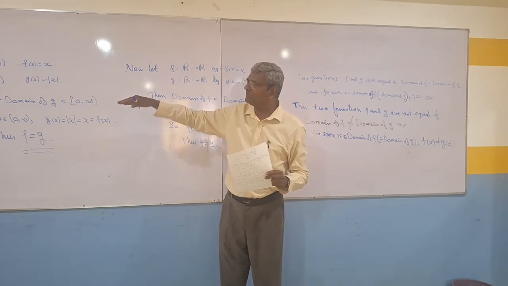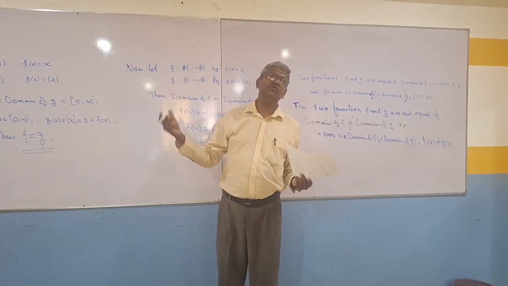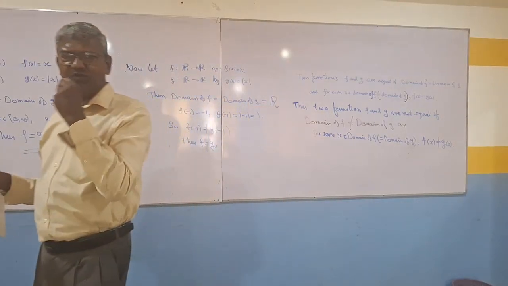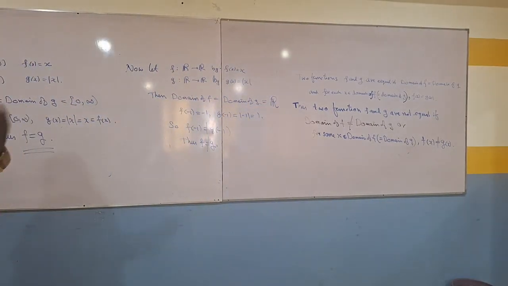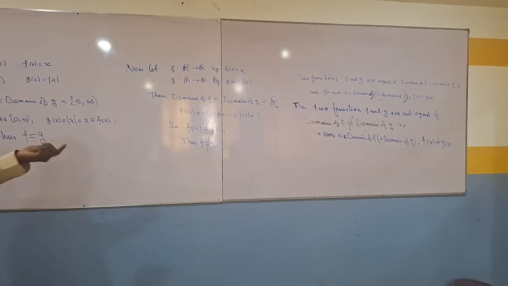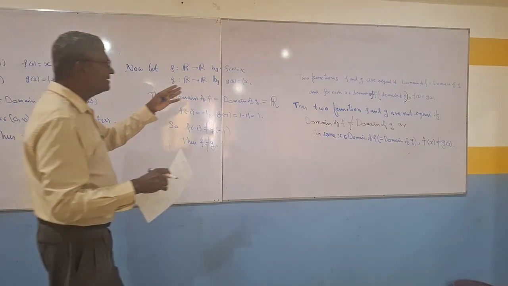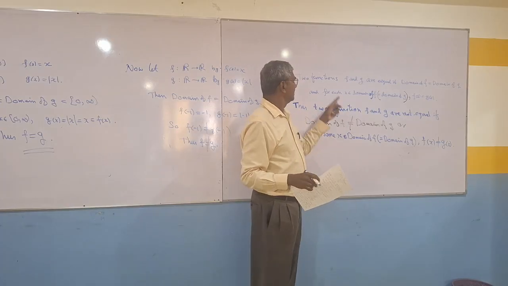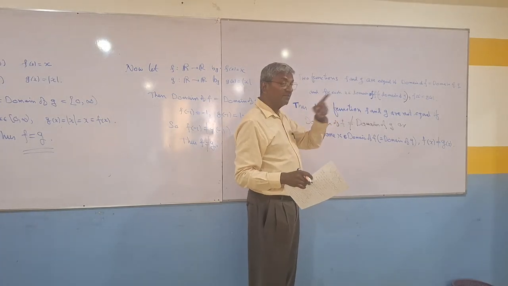Because in his case sometimes he says two functions are equal provided they have the same domain, and for each output they have the same output. When you write precisely, it is easy for you to see the negation. F and G are equal.